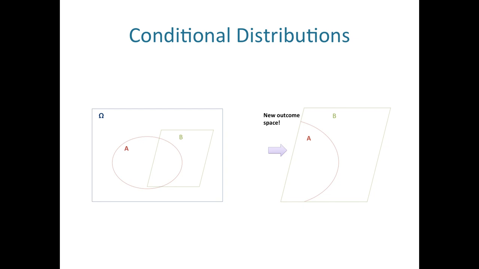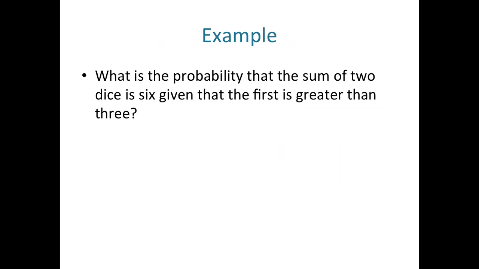That's the conditional probability of A given that B happens. So we know that we are in the green squared space, and what's the probability that, being in that space, A is going to happen? So the new outcome space is the one that you see on the right-hand side. That's what graphically the formula represents.